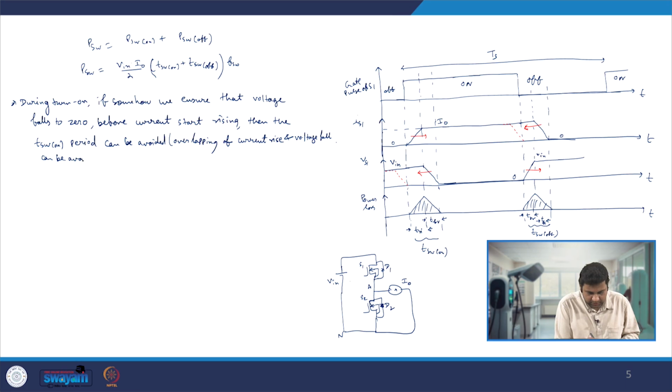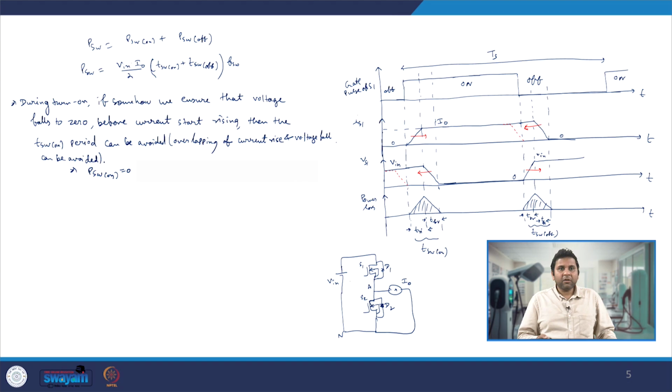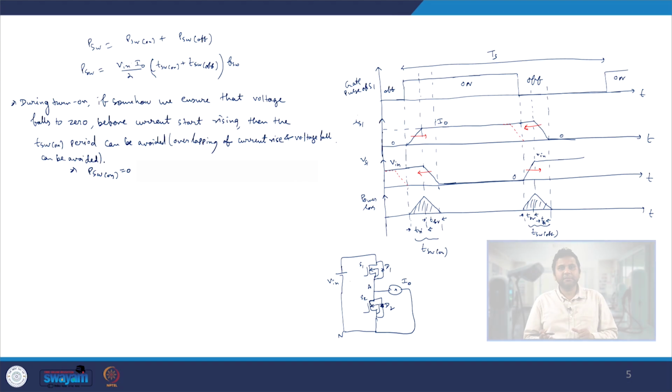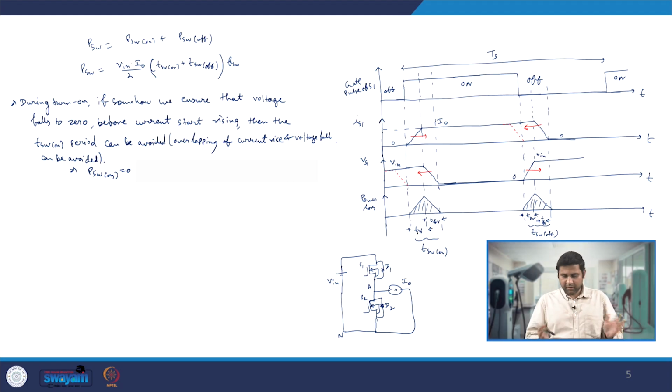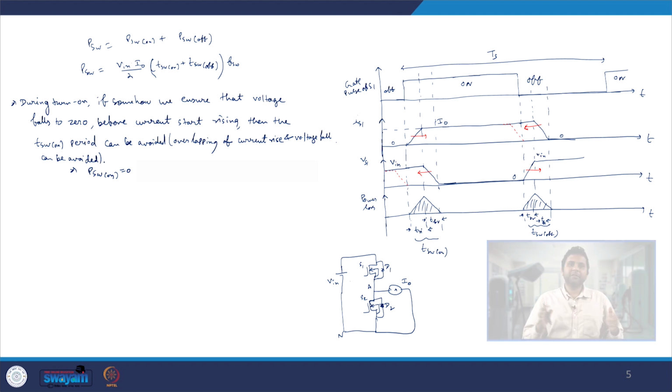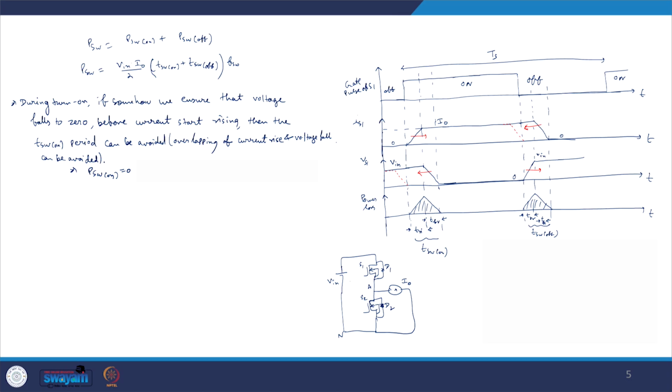That will give the P switch during turn on equal to 0. So if during turn on I can somehow ensure my voltage goes to 0 before my current rises, we can completely eliminate the T switching period, which is the overlapping of current rise and voltage falling, and that is when we can ensure there is no switching loss during turn on.